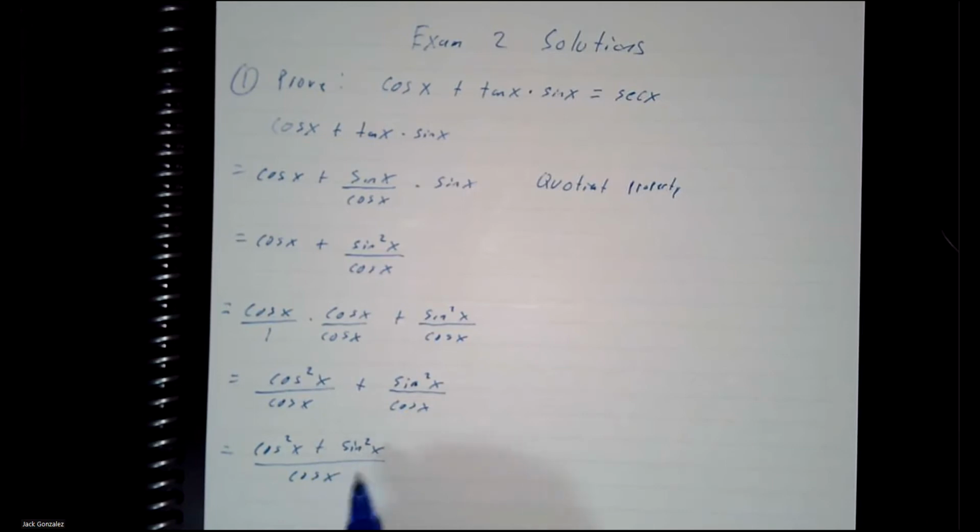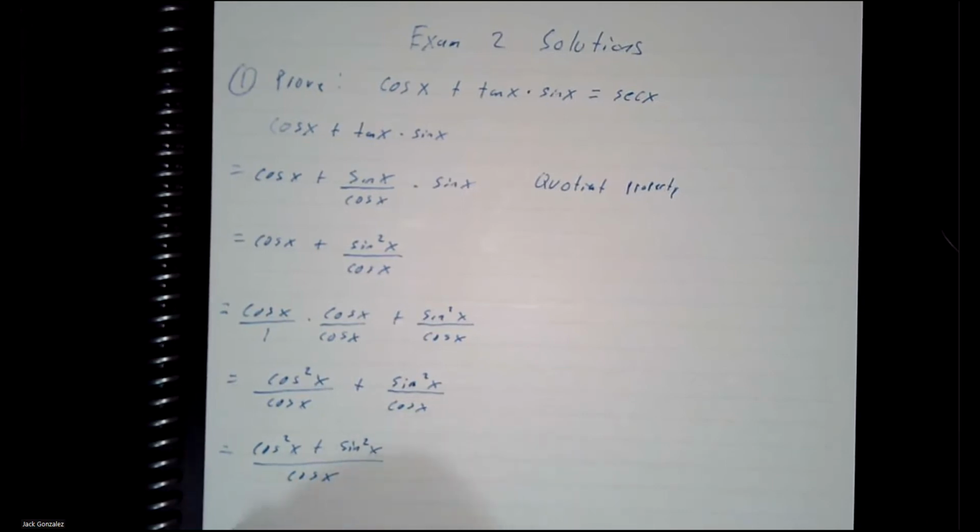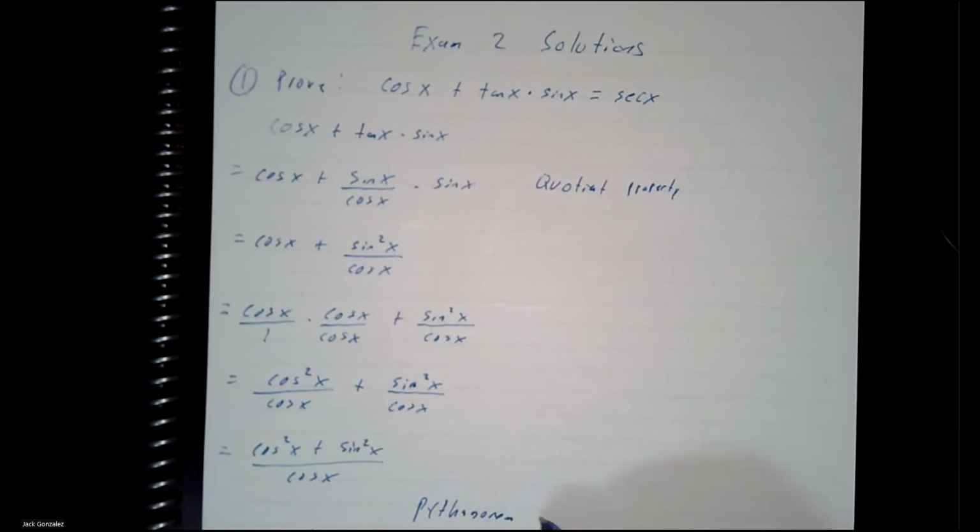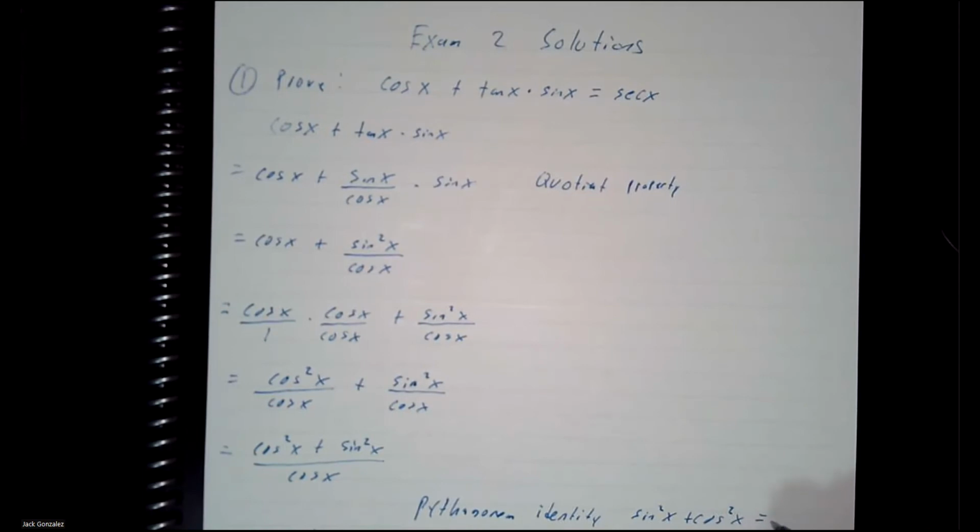You should see that this right here is 1 by the Pythagorean identity. The Pythagorean identity says that sine squared x plus cosine squared x is equal to 1.